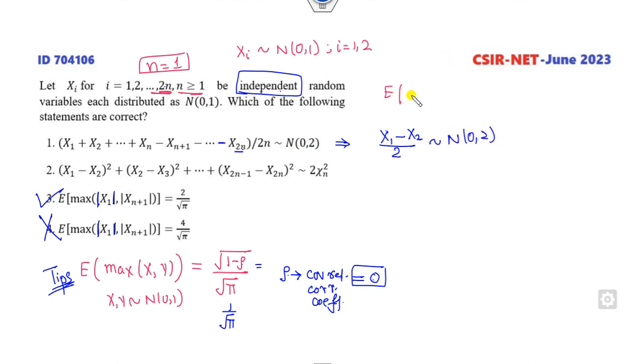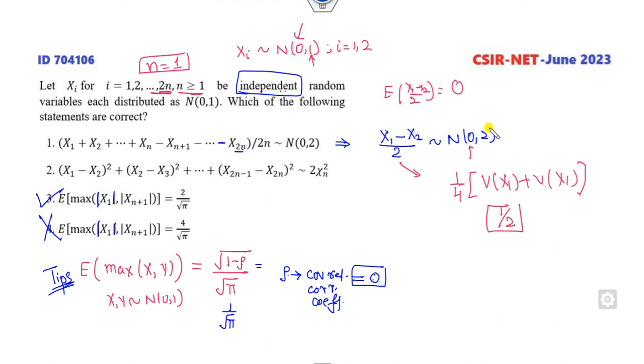What is the expected value of X1 minus X2? X1 has mean 0, so it's 0, satisfied. What is the variance of this? 1 by 4 outside, because they are independent, so I can write this number here. It has variance 1 plus 1, 2, so it's 1 over 2, but the option said it's 2. This option is cancelled.